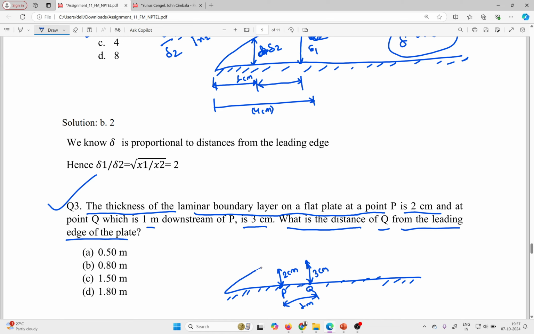So it is like that, maybe the boundary here. This is 2 and this is 3 centimeter. Just think on that.